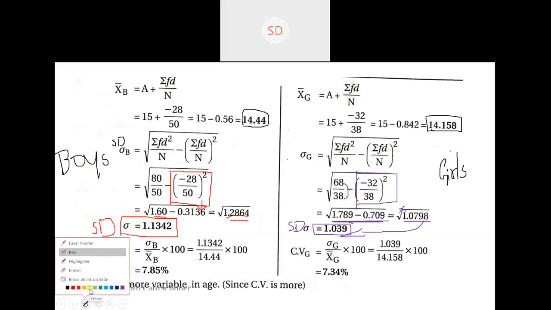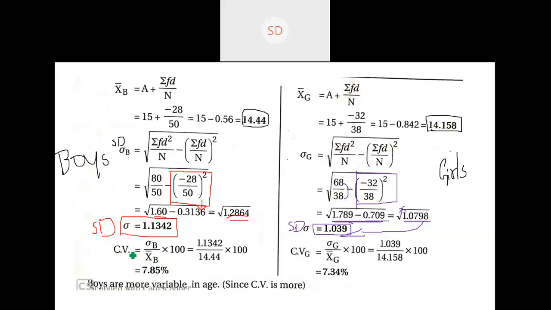Standard deviation of boys divided by arithmetic mean of boys into 100. And here also standard deviation of girls divided by arithmetic mean of girls into 100. So here we have coefficient of variation for boys and coefficient of variation for girls, denoted by B and G.